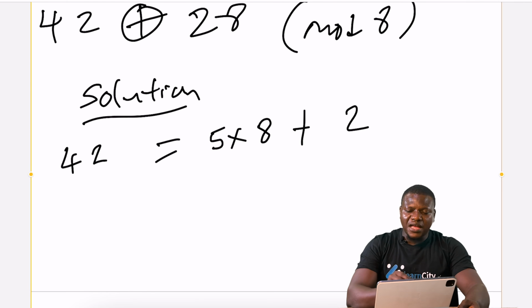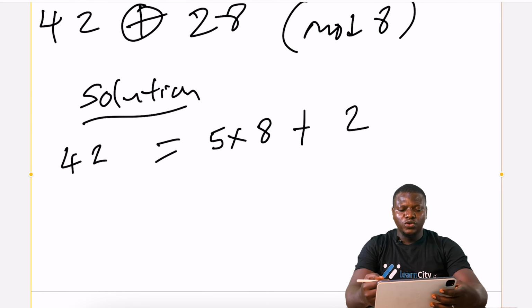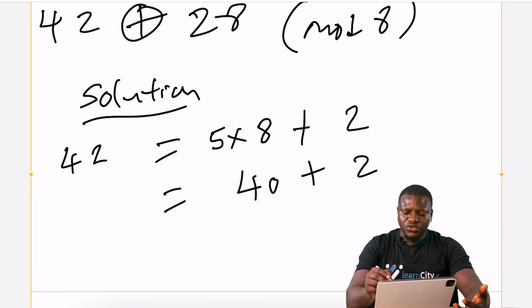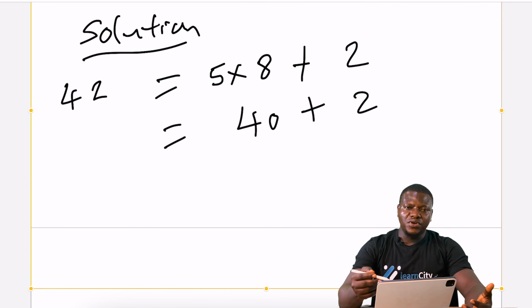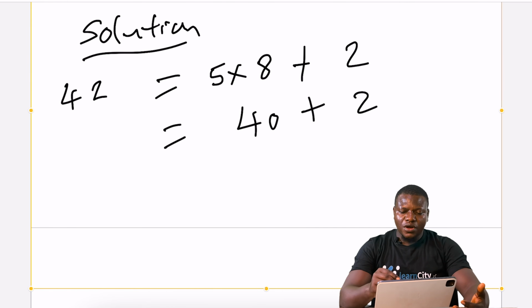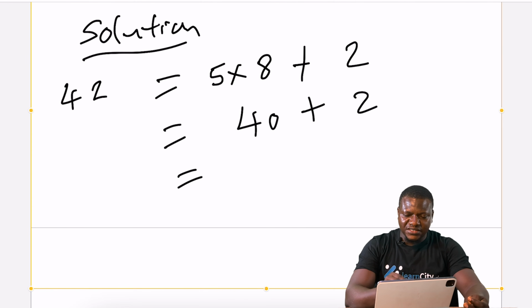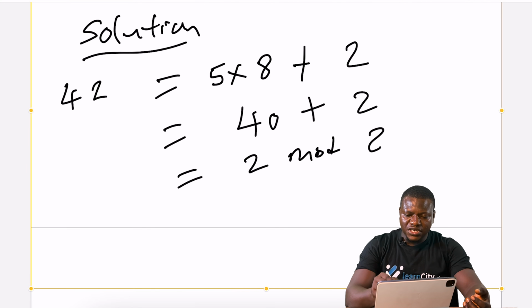Our 5 times 8 is 40, and 40 plus 2 is 42. Remember what we did in the previous class: because 40 is a multiple of 8, we forgo it and keep the remainder as our final answer. So 42 in modulo 8 is the same as 2 mod 8.